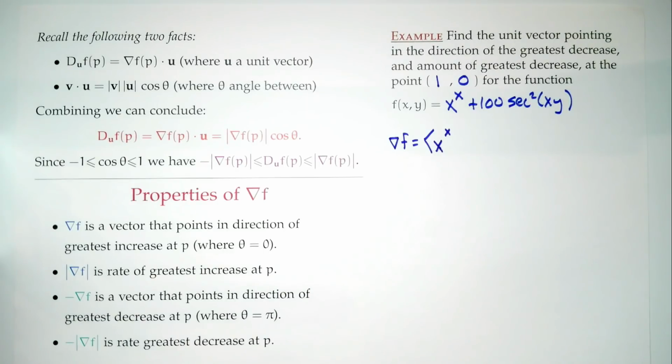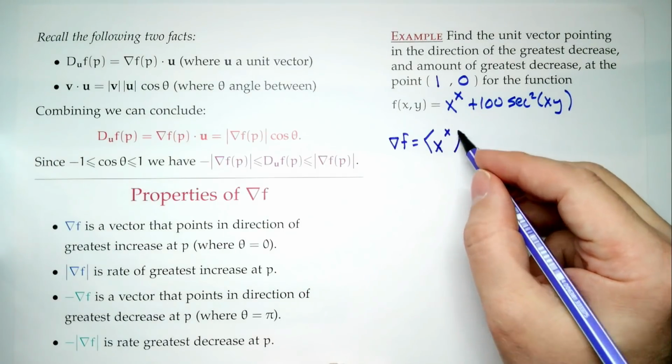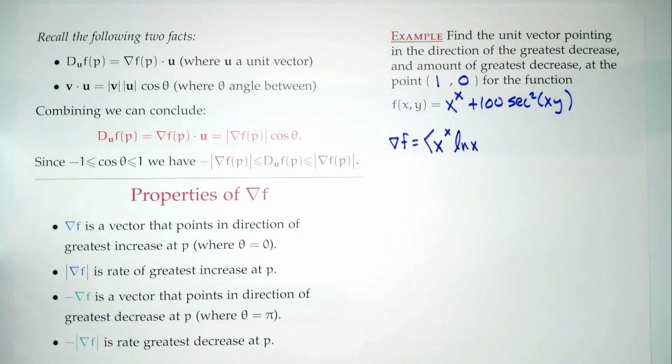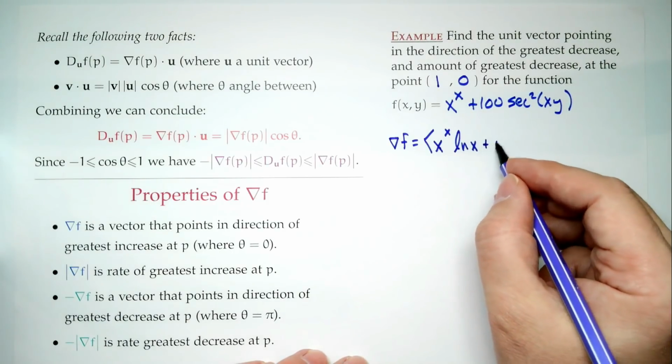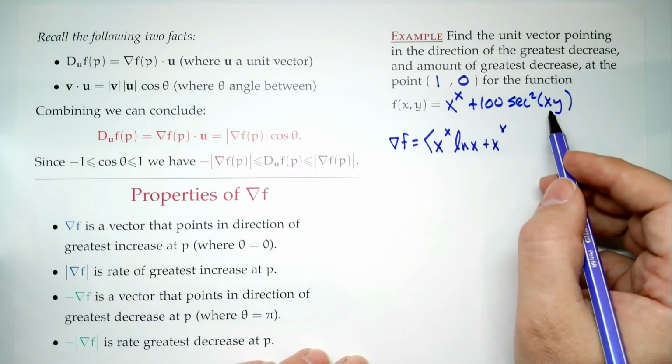Plus what? ln of x. Okay. Sure. Anything else? Well, there's also a plus x to the x, so we shouldn't forget that. And don't forget there's an x there.